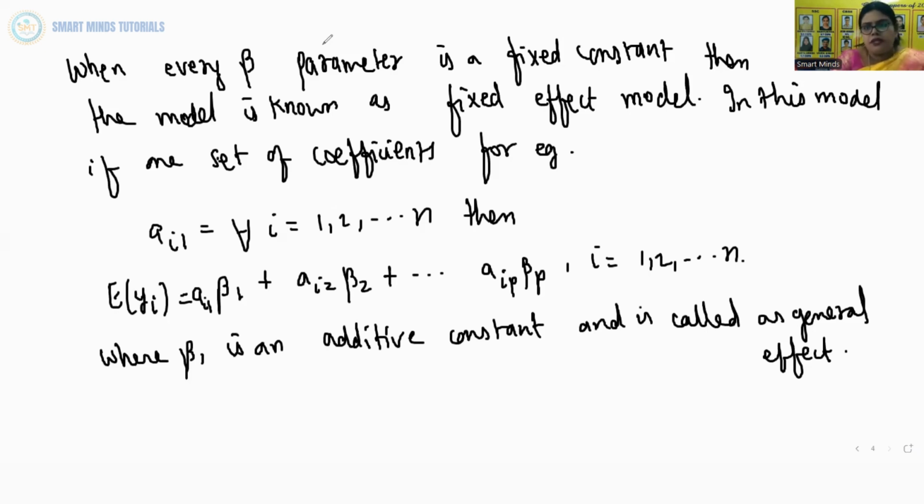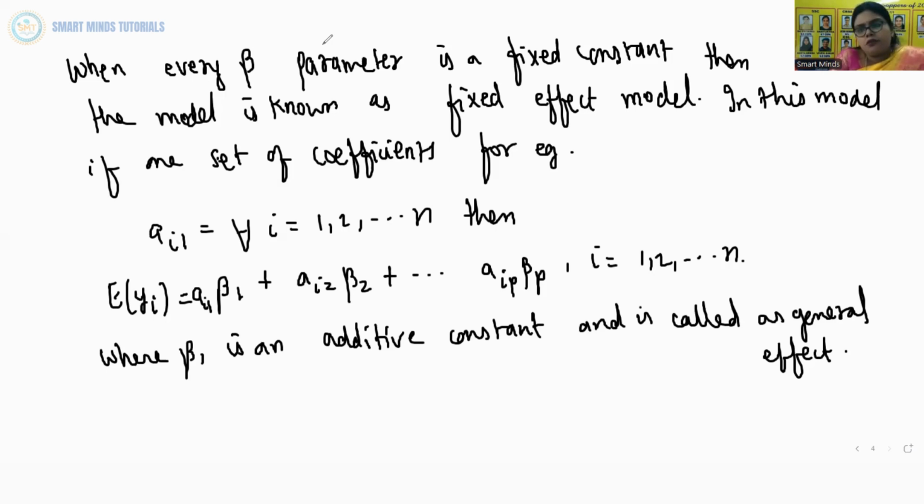If beta 1, beta 2, so on up to beta p are considered as random samples from a distribution of beta 1 bar, beta 2 bar, so on up to beta p bar, where beta j bar is a random variable containing one specific realization beta j, or random samples beta 2, beta 3, so on up to beta p, from a distribution of beta 2 bar, beta 3 bar, so on up to beta p bar, where beta 1 is an additive constant, then this model is called random effects model.